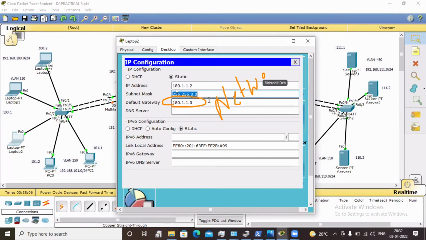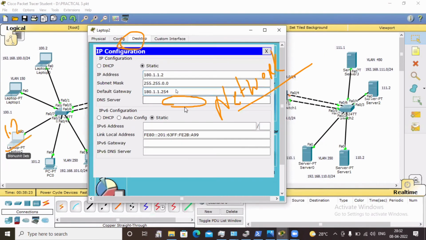How can you give the network address directly to your system? This is a network address, right? Give 254. Now see, you have to pay attention to the requirement. I said it is 1.2, that IP address. You have given 180.1.1.2, right? What is this address?